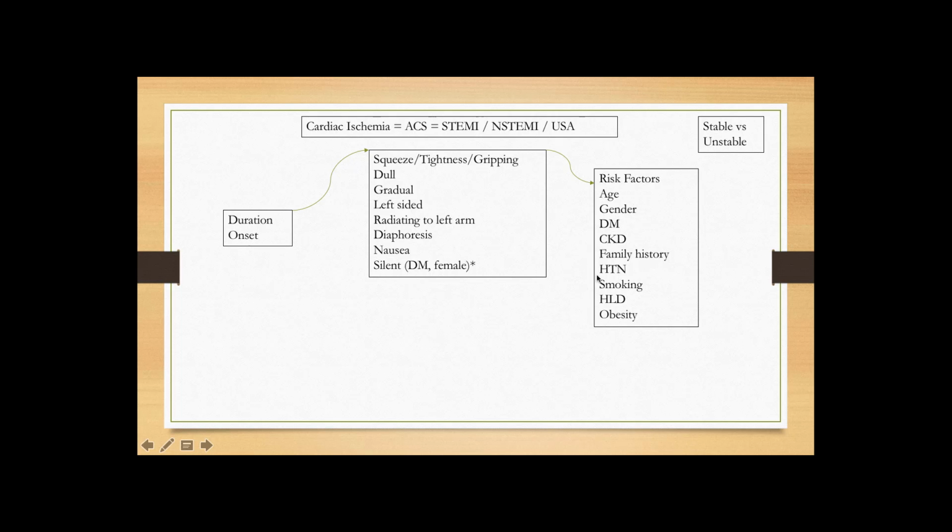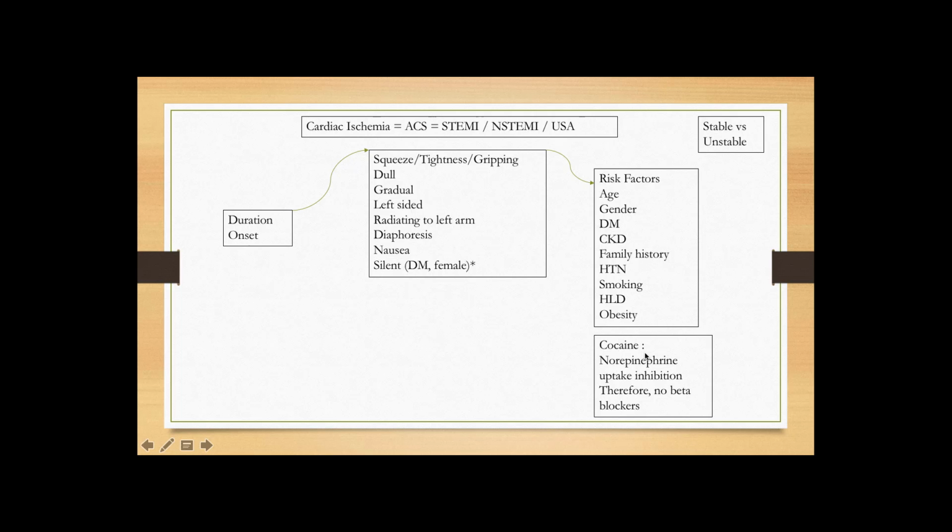So anybody who has these risk factors and now has chest pain, this becomes a higher probability on the list that this patient has cardiac ischemia because of these risk factors. Then another standalone risk factor is cocaine. So cocaine is a drug that can cause acute coronary syndrome. Usually it does not cause it by atherosclerosis or even coronary artery spasm.